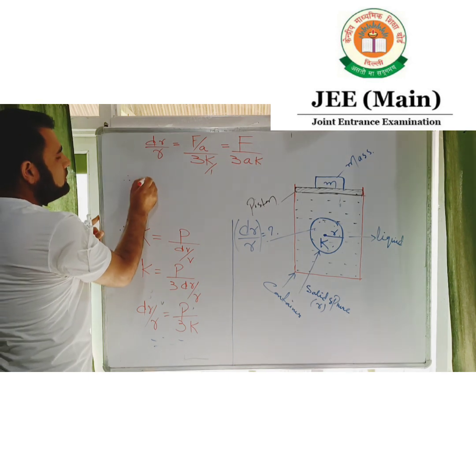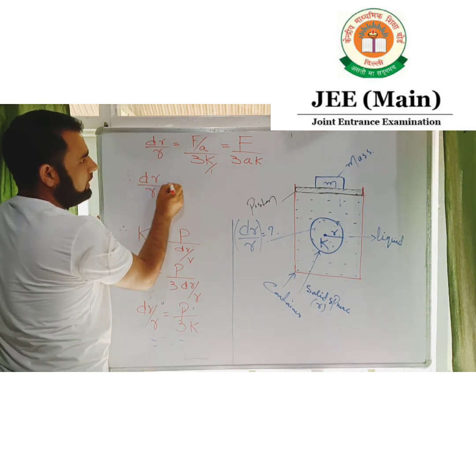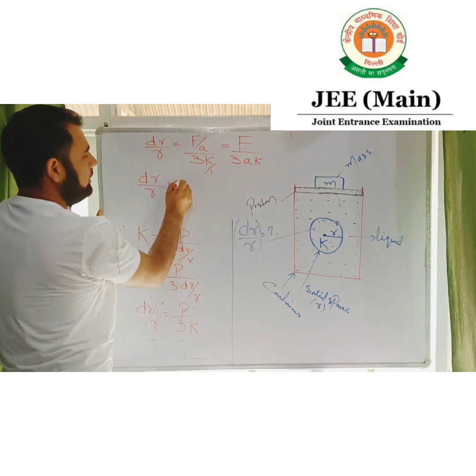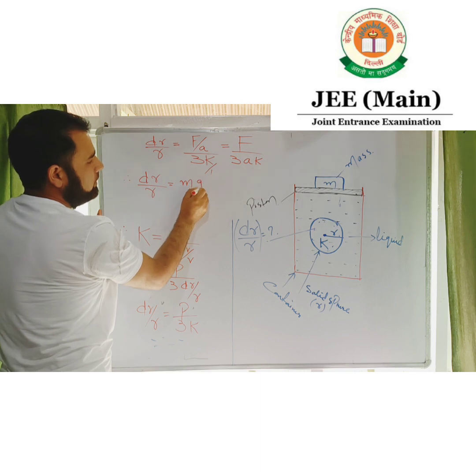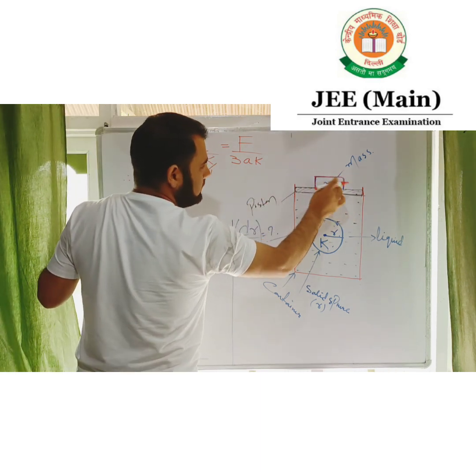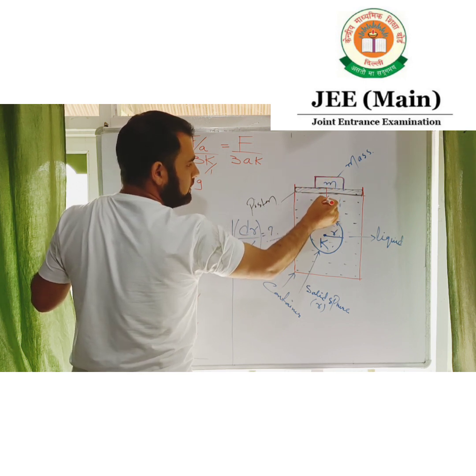Therefore, for the change in the radius of the solid sphere, dr by r, the external force F is equal to mg. We have a mass on the surface of this piston, therefore the weight on this piston is mg.